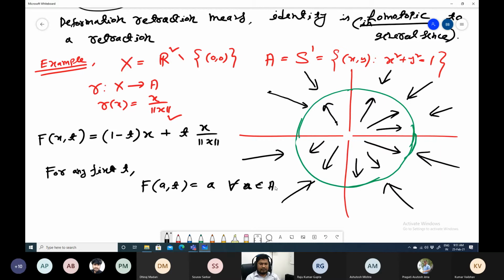Did you get this one? Yes. Right. That means whenever we fix a t, t can be anything, then F of a, t equals a as well. So that also implies that if you fix your a and vary your t, then also it will be a, right?